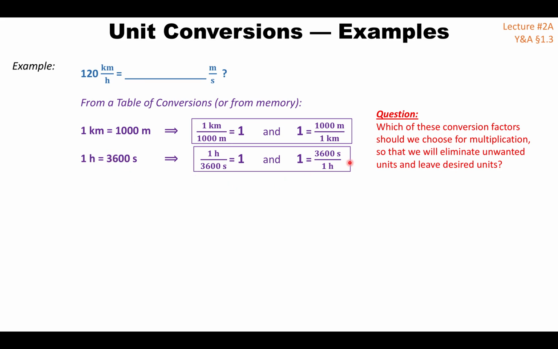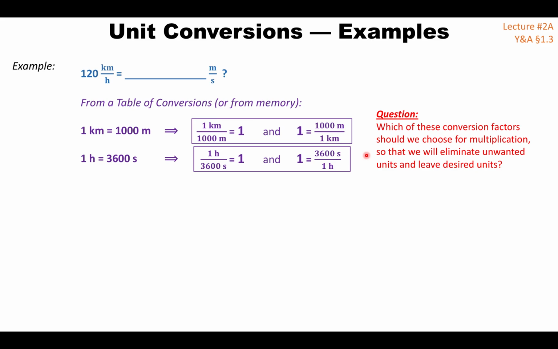And then I use inspection to decide which of these 2 conversion factors, when multiplied against this speed right here, is going to cancel the hours and leave me with seconds in the denominator. So at this point, take a look yourself, pause the lecture, and decide which of these conversion factors to use.